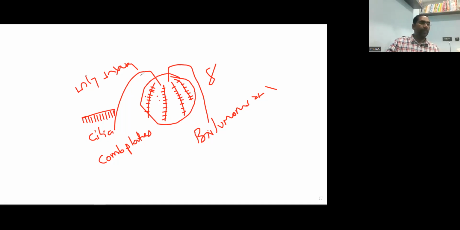Fertilization external and development is indirect with larval stage. Examples, Pleurobrachia and Ctenoplana.